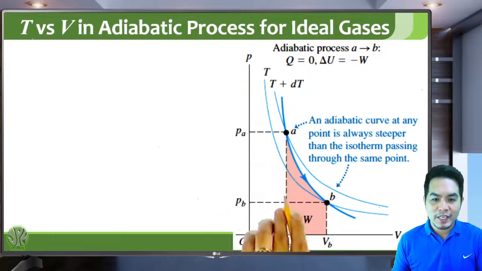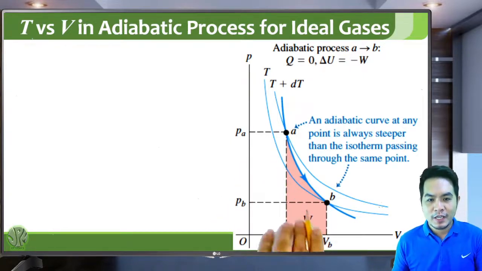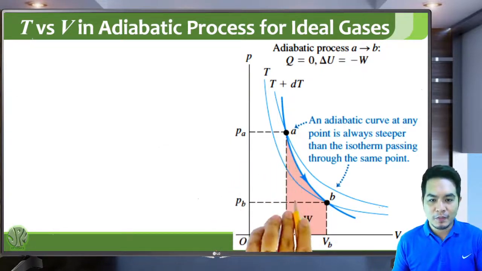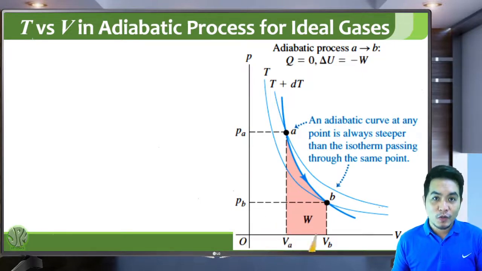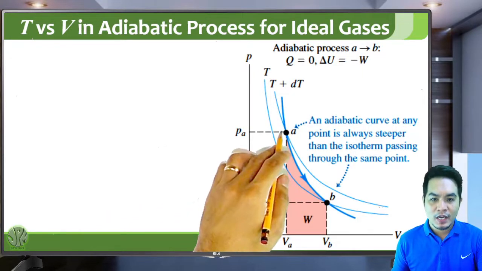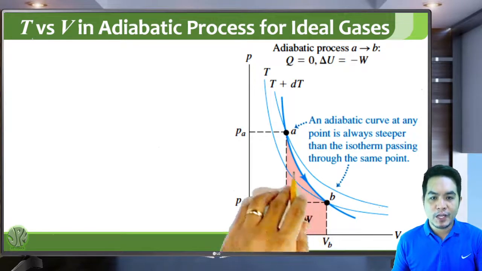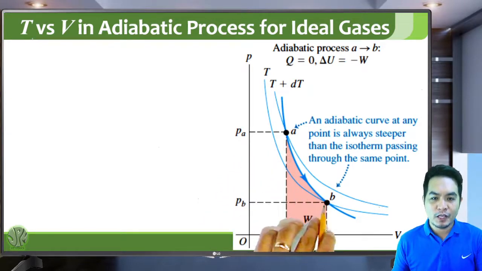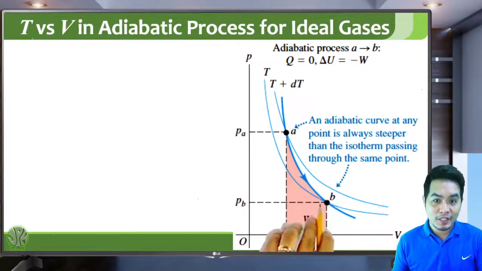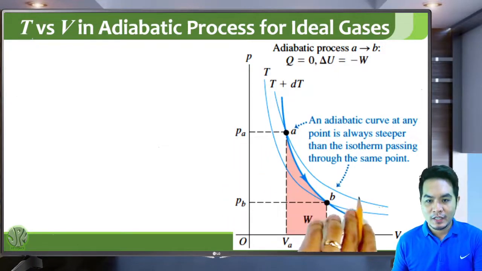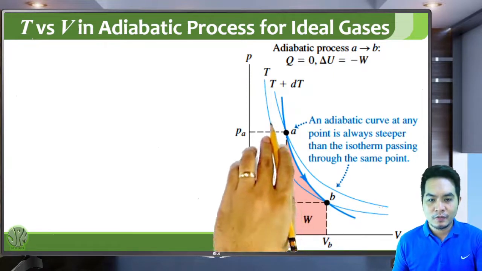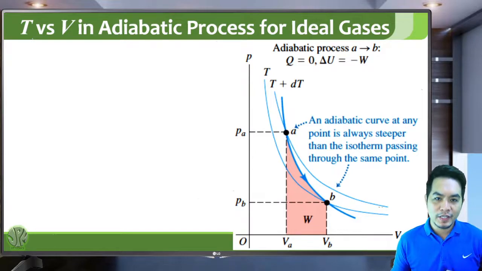The volume increases from VA to VB, the pressure decreases from PA to PB, and the temperature decreases from point A to point B. So the temperature at point A is greater than the temperature at point B. There are two isotherms here, the isotherm for A, this blue curve here, and the isotherm for B, this curve here. So it's decreasing temperature, increasing volume, decreasing pressure.